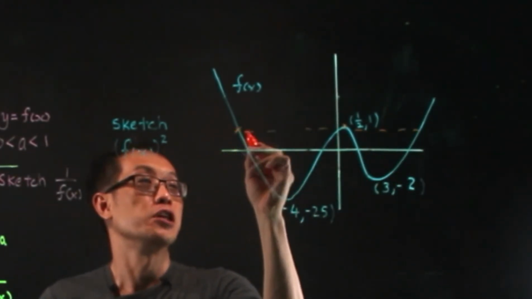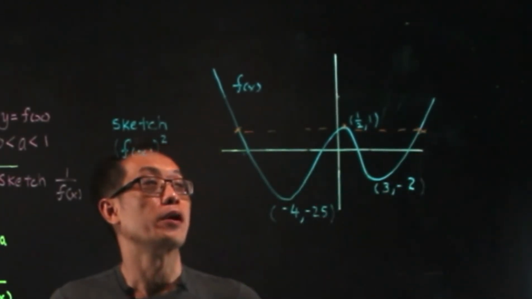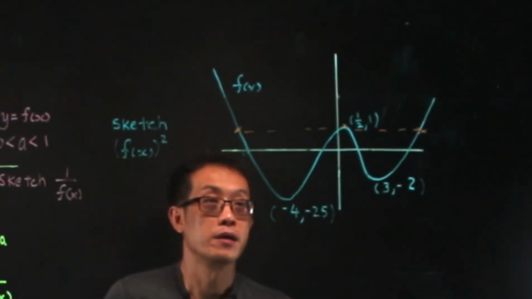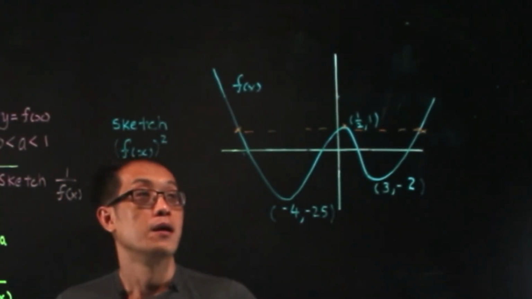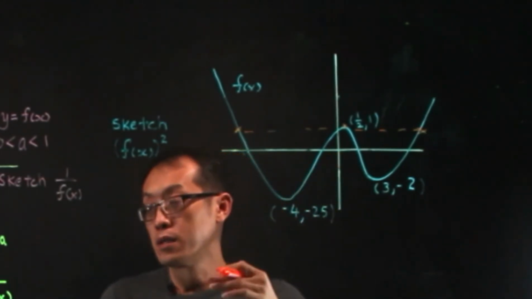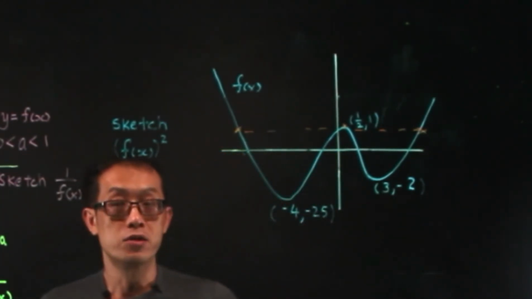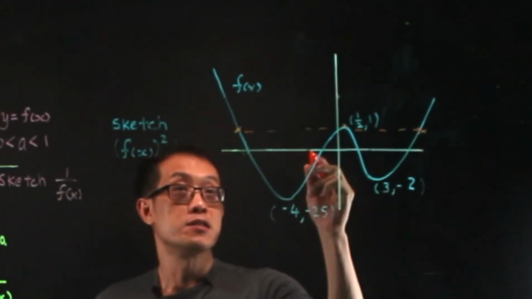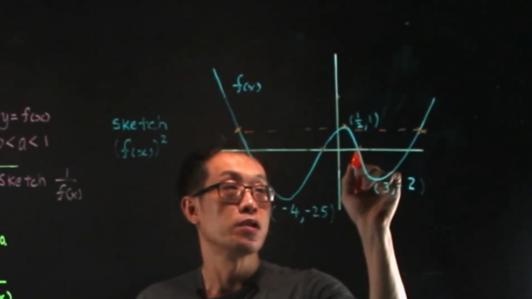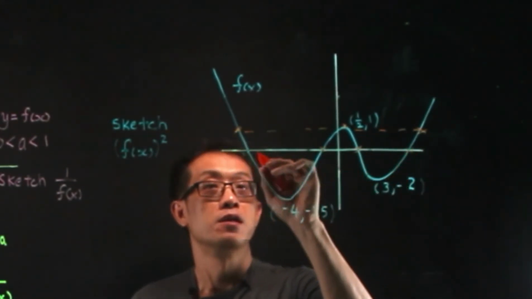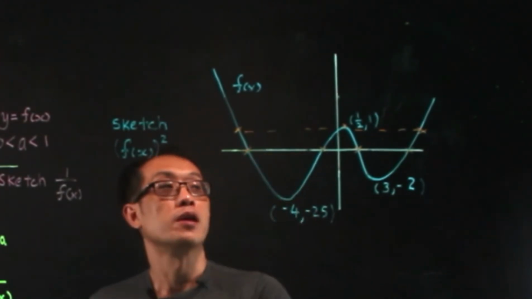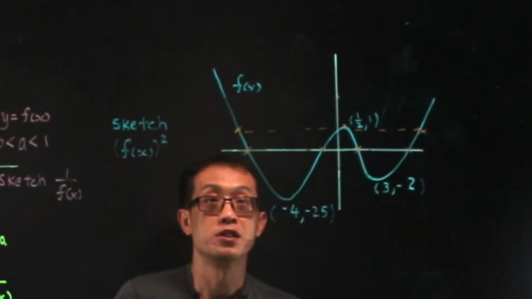So this point doesn't change, nor does this point. When y is 0, you square it, it is still 0. So these points also don't change. The x-intercept doesn't change.